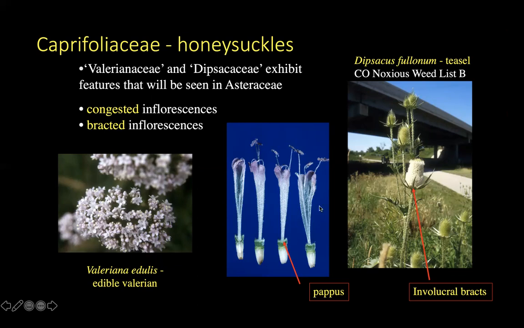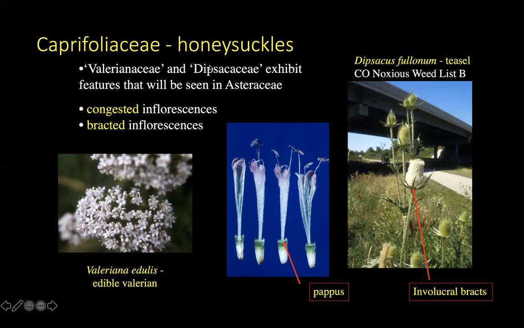And then looking over here at Dipsacus, or the teasel, it has these bracts beneath it, as well as a little appendaged calyx right below the corolla, but all of these things are very evocative of what we will see in Asteraceae, which is a somewhat close relative of this group.